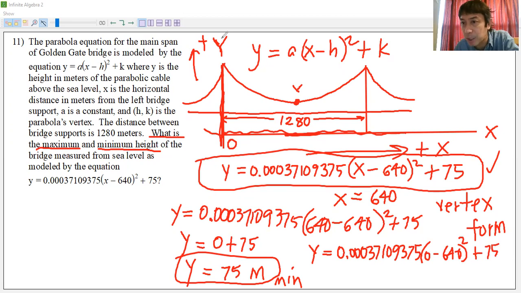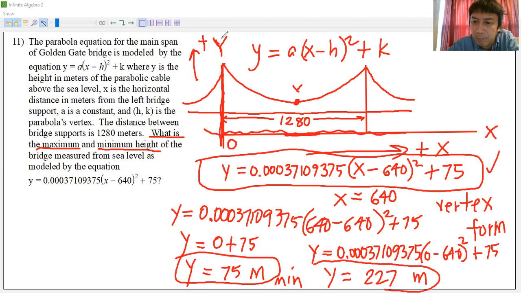You will encounter 640 squared times the number 0.00037 plus 75. You'll be able to compute 227 meters there. And that gives you the maximum there.